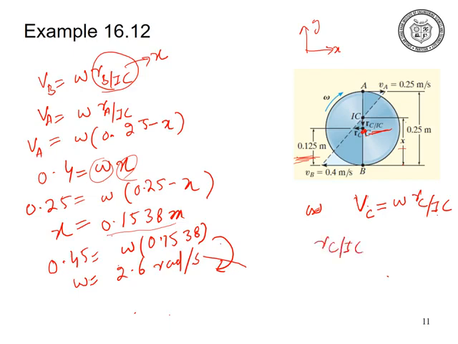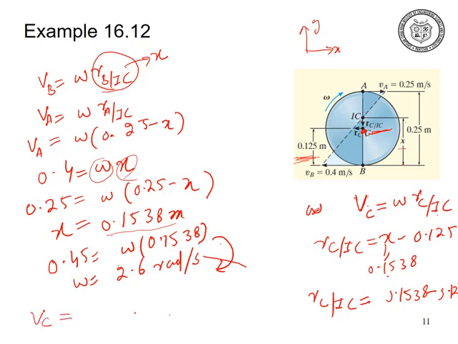With x given as 0.1538, RC with respect to IC becomes 0.1538 minus 0.125. In this way VC becomes equal to 0.0750 meter per second. In this way you can find the velocity for any particle on the rigid body by using the instantaneous center of zero velocity.